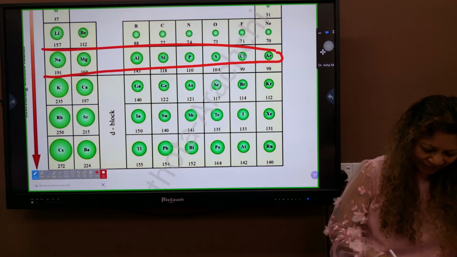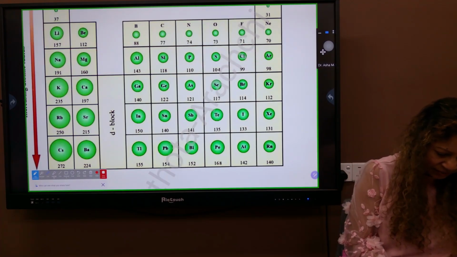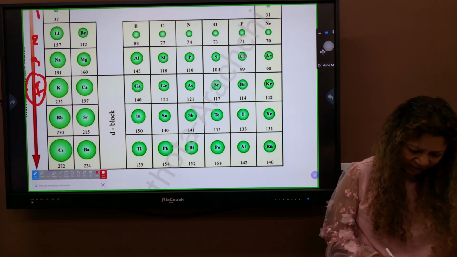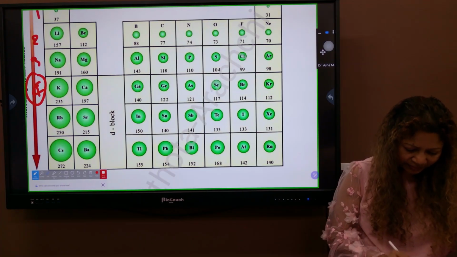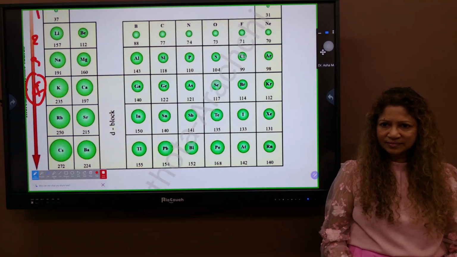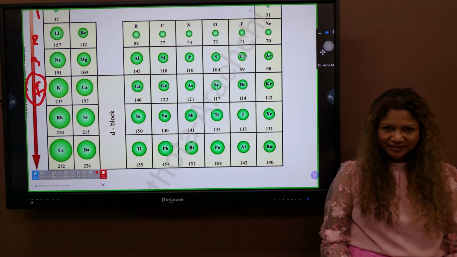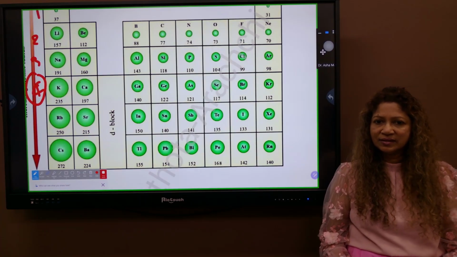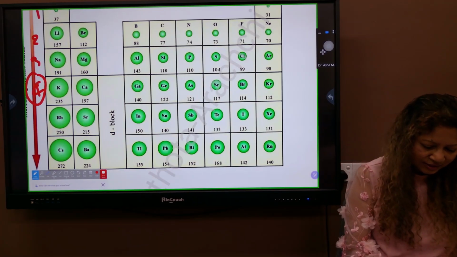Okay, then what happens here? 1 2 3 4. This is the fourth energy level. What is the last shell electron configuration of potassium? We did. No, advanced level now. No, the last shell. This is in the fourth energy level, and this has one single electron.